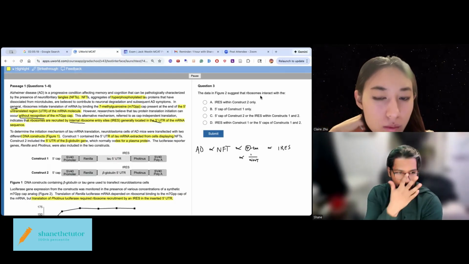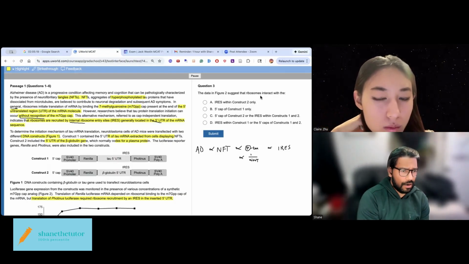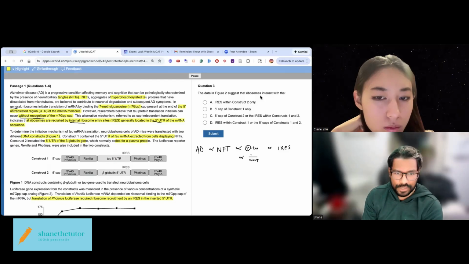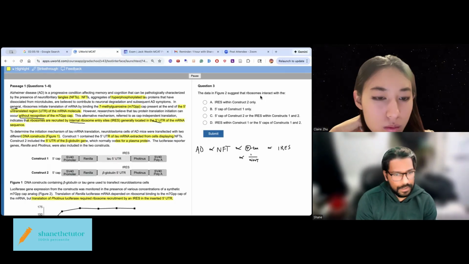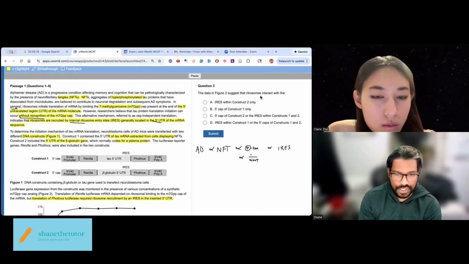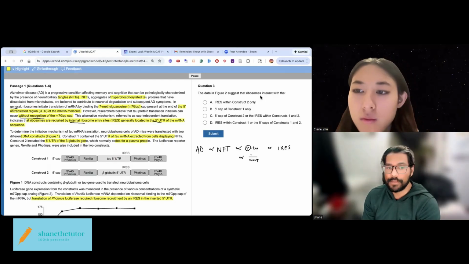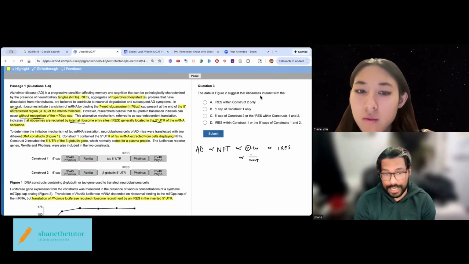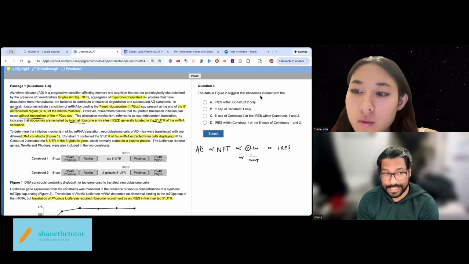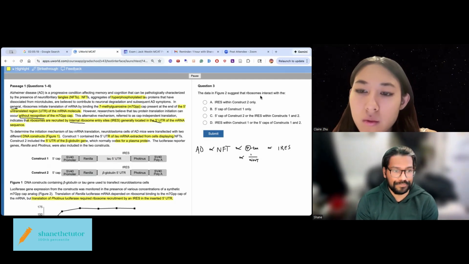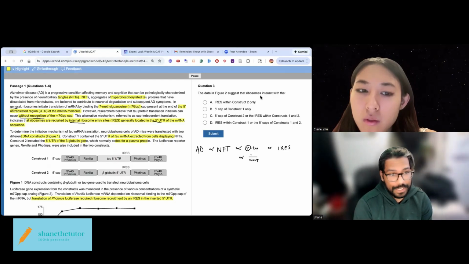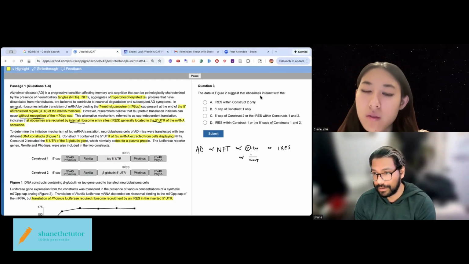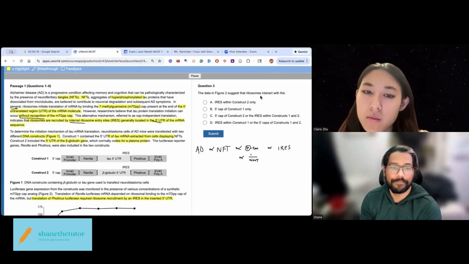Construct two included the 5' UTR of the beta globin gene, which normally codes for a plasma protein. Now this is not going to be a negative control, because we don't know for a fact that it's not going to work, but I would say construct one is going to be our positive control because we know that that's going to be bad.